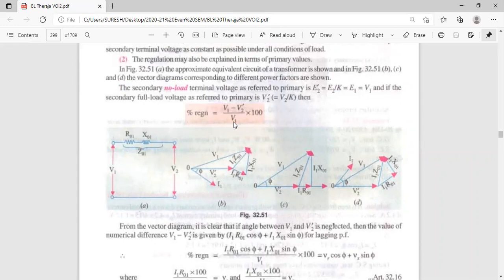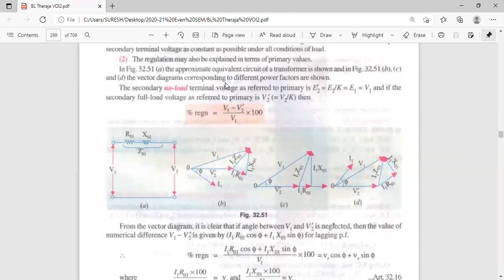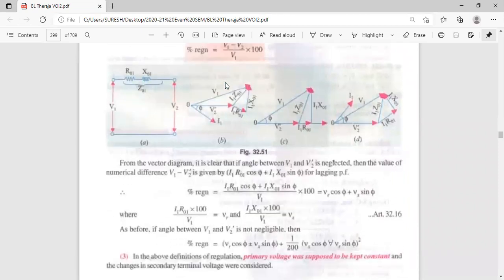In place of V1 minus V2 dash, write down I1 into Z01.